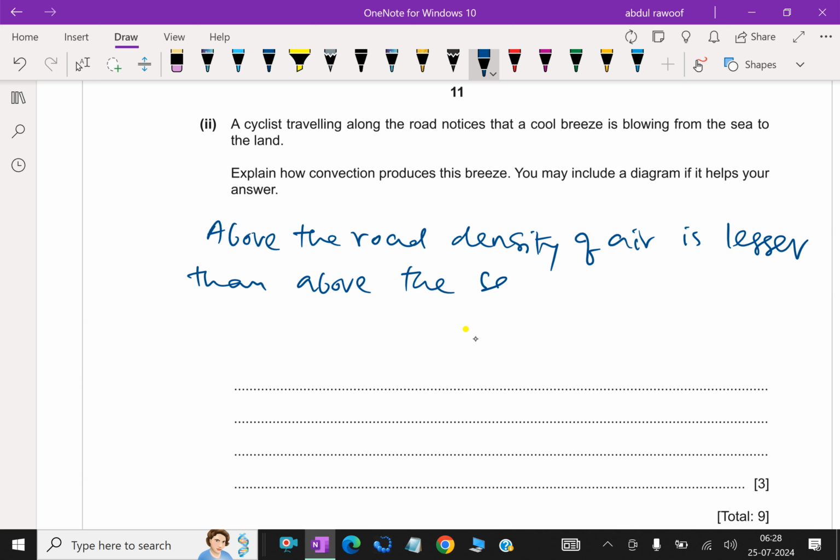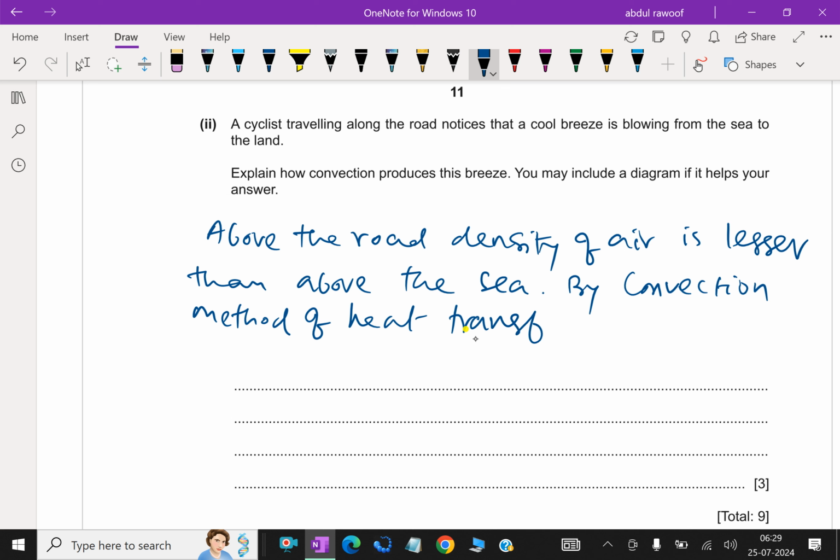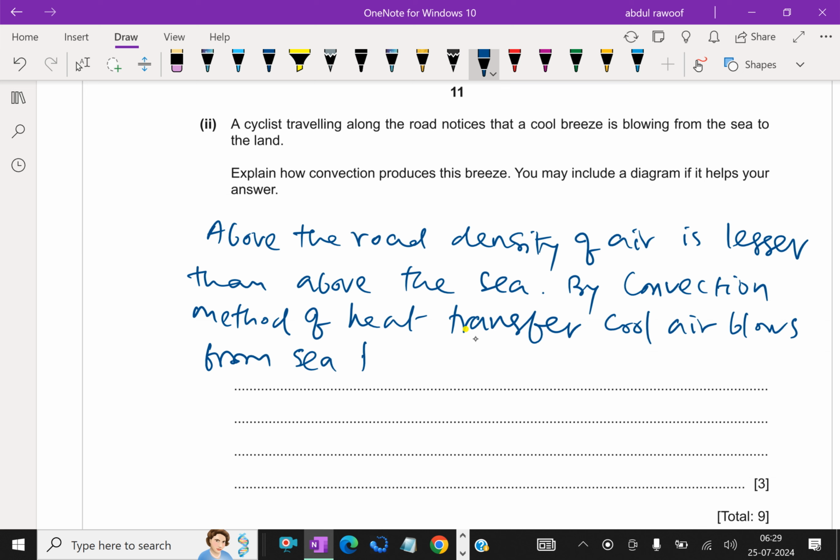Therefore, by the convection method of heat transfer, cool air blows from sea to land, sea to road.